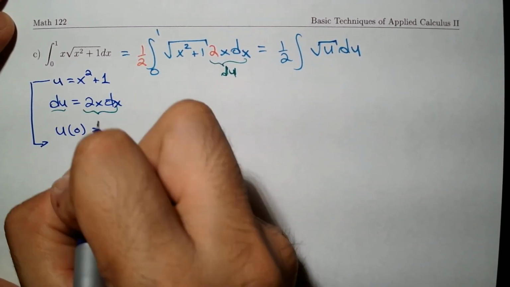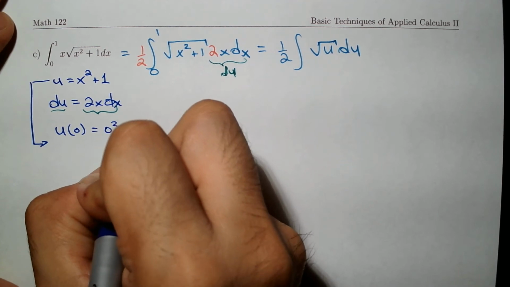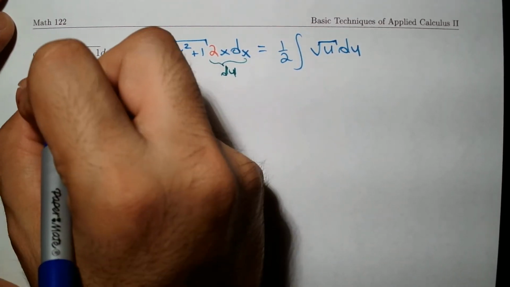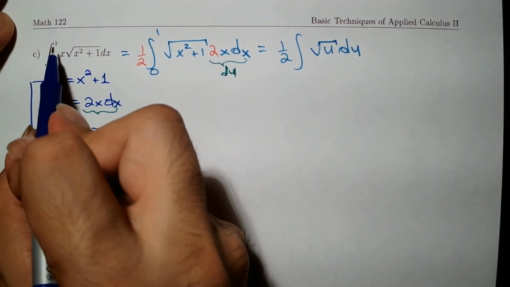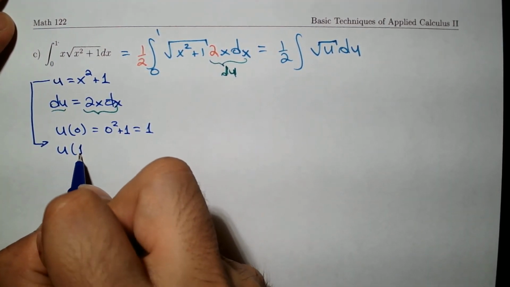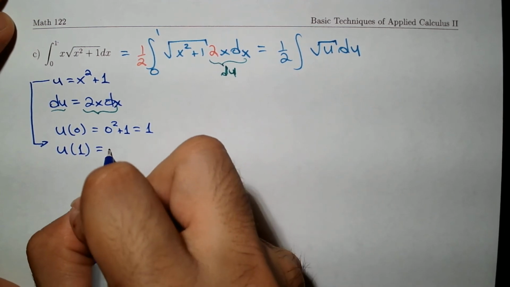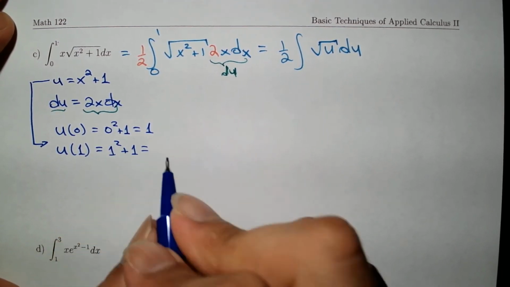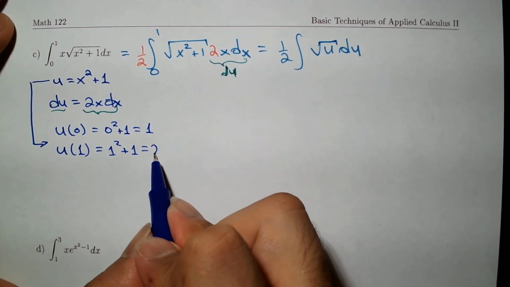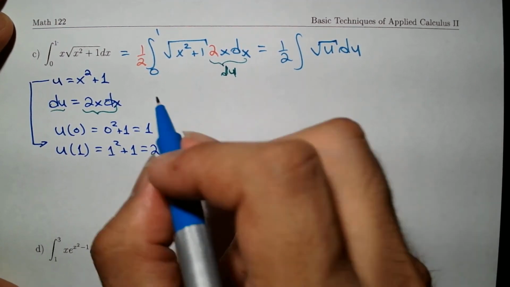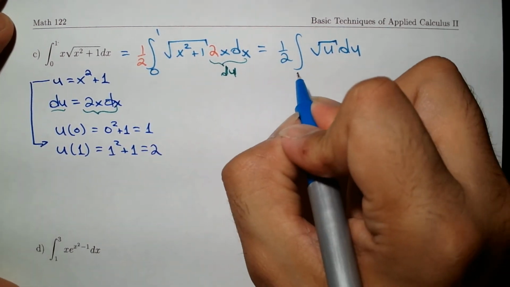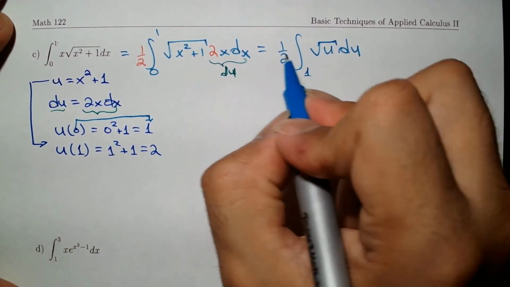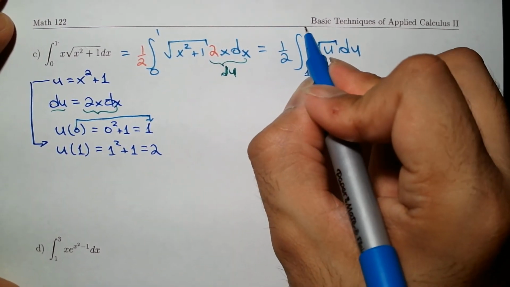That's 0 squared plus 1, which gives us 1, and u evaluated at the upper limit, which is 1, is 1 squared plus 1, which is 1 plus 1, that's a 2. So the new limits of integration: 0 becomes 1, and 1 becomes 2.